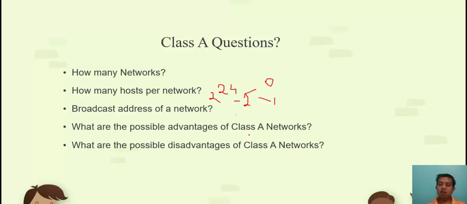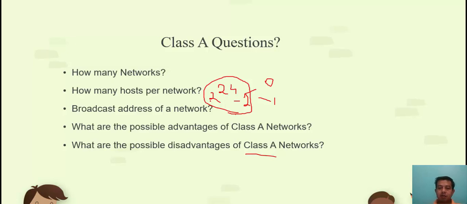It's a huge number. No organization, however big it may be, will have this number of computers in its network. And because an organization does not have this number of computers, if it buys a class A address, it can connect this number of computers, but in reality it connects much less. So what is happening? A lot of IP addresses are going to waste. Those IP addresses could have been assigned to some other organization, but since this organization has already bought this address, and because of this design scheme, the class A address is fixed so that 24 bits will be used for the host part.